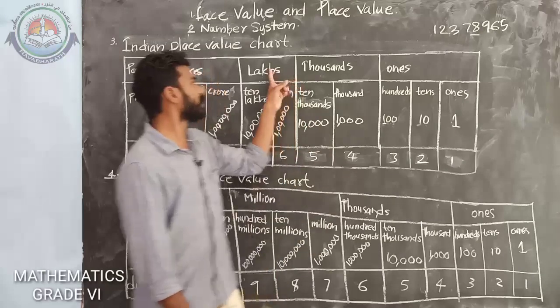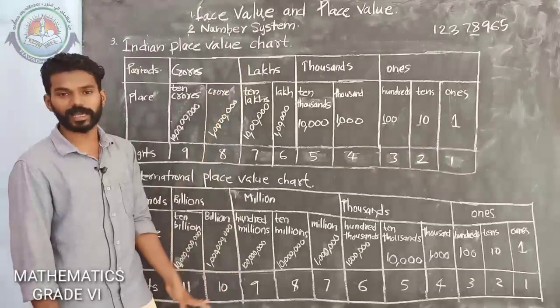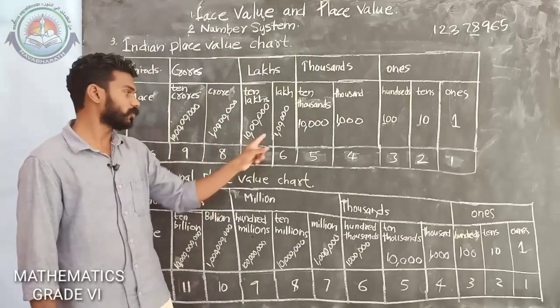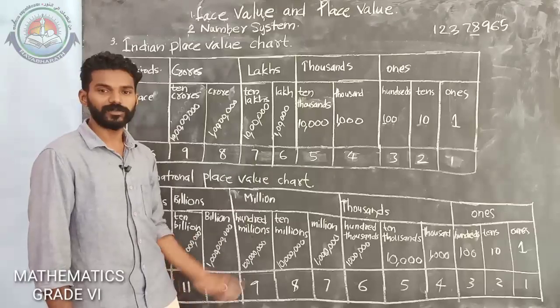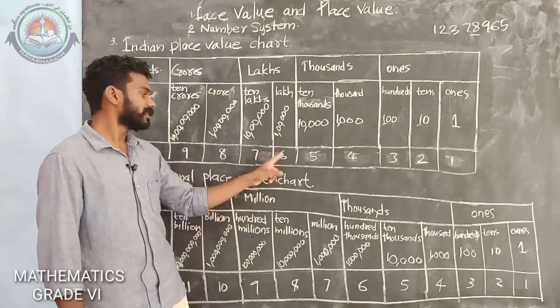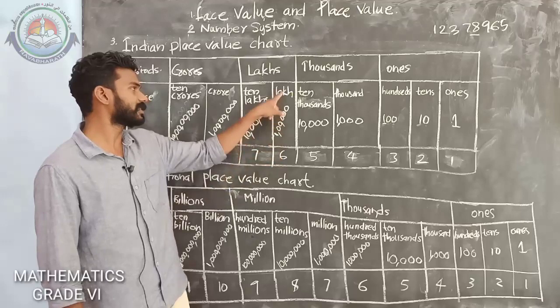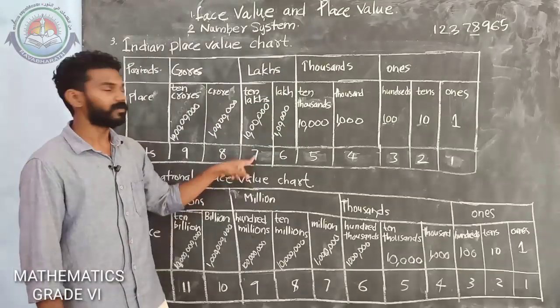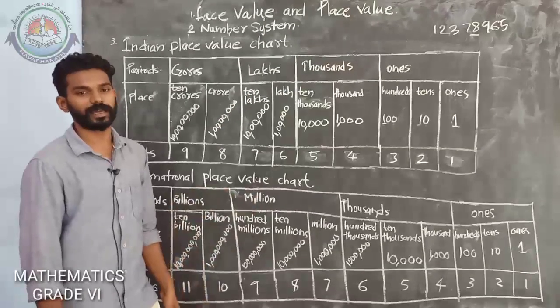What is the next period? The next period is lakhs, and here in lakhs also two places are considered: the sixth place, which is lakh, and the seventh place, which represents 10 lakhs.